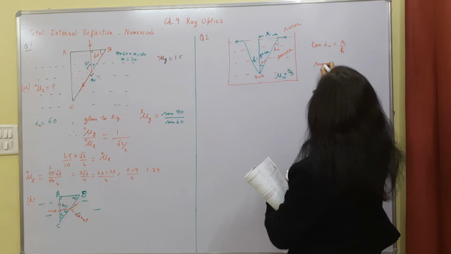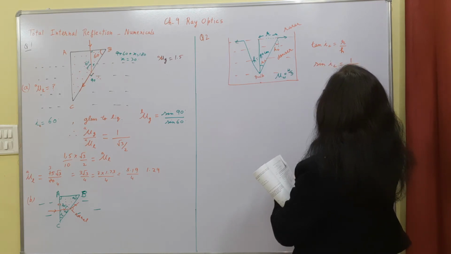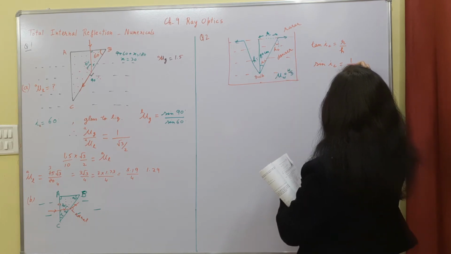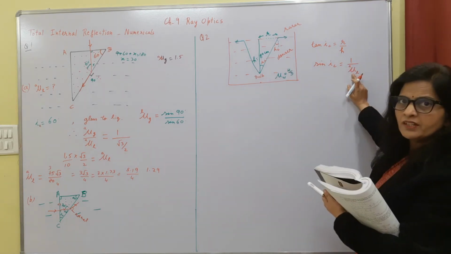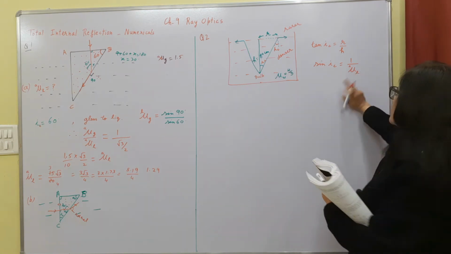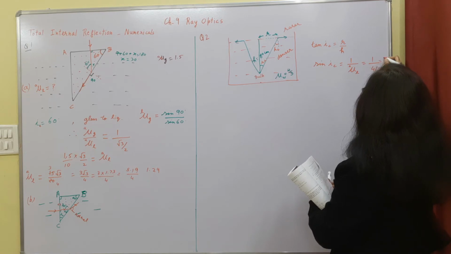We know that sin IC is equal to 1 upon mu of what? Of liquid with respect to air. This is the refractive index of the denser medium with respect to the other medium. So outer medium is air over here. So we can write this as 1 upon 4 upon 3 is equal to 3 upon 4.